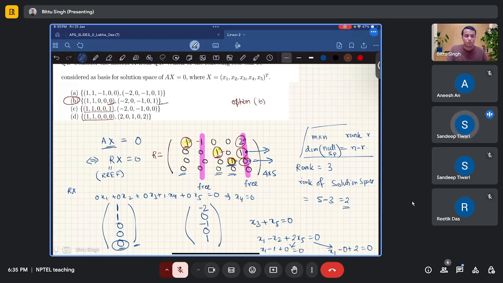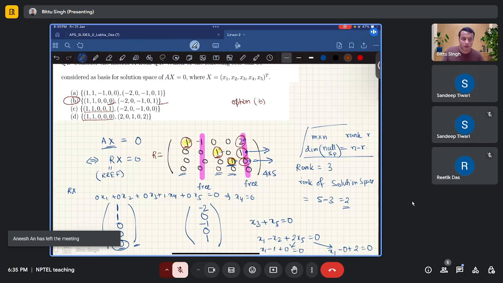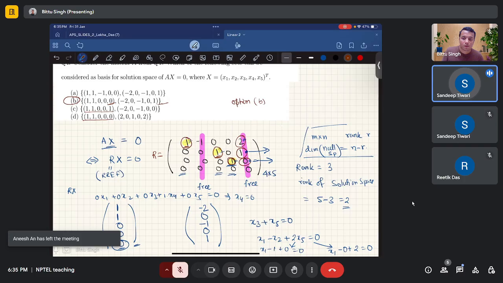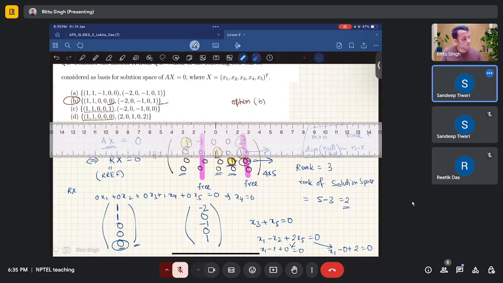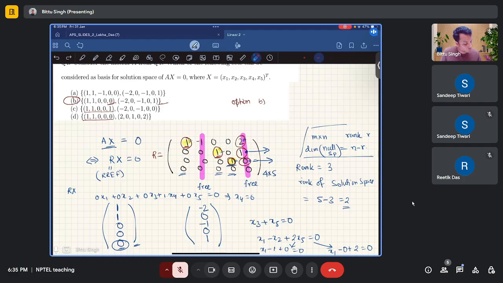Is it clear? Sir, here x2 and x5 are free variables, sir. x2 and x5 are free variables, right? So we can choose x2 and x5 as 0. Yes. So free variable means you can choose x2 and x5. You can see what we have chosen. Let us color it white.